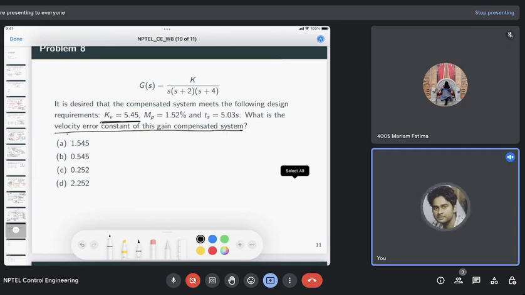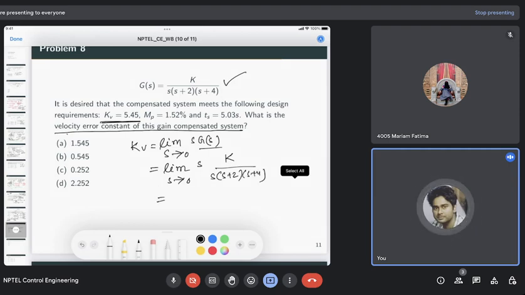Okay, simply we know that K_v is the limit as s goes to 0 of s times G(s), right? So we substitute that: s times K, G is given here, s plus 2, s plus 4, so the s cancels, and when s goes to 0 this will be 2 and this is 4, so K by 2 into 4, equal to K by 8.